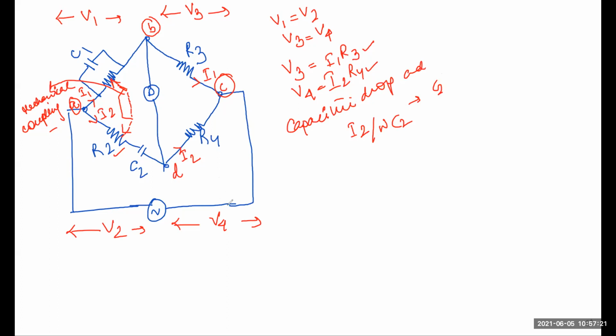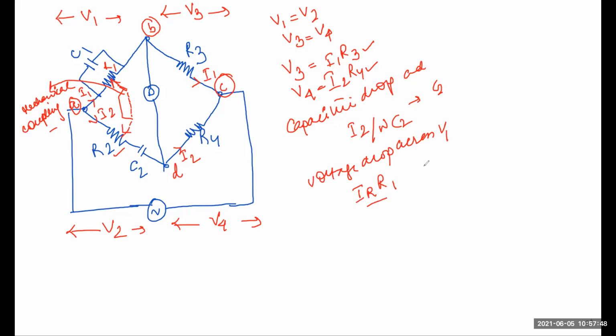Now, the phase of the voltage V1 and the voltage drop across V1, what it will be, means here. So if you consider this portion as R1, okay, so current I1 is flowing through it. So we can say that the voltage drop across V1 will be equal to I1 R1.